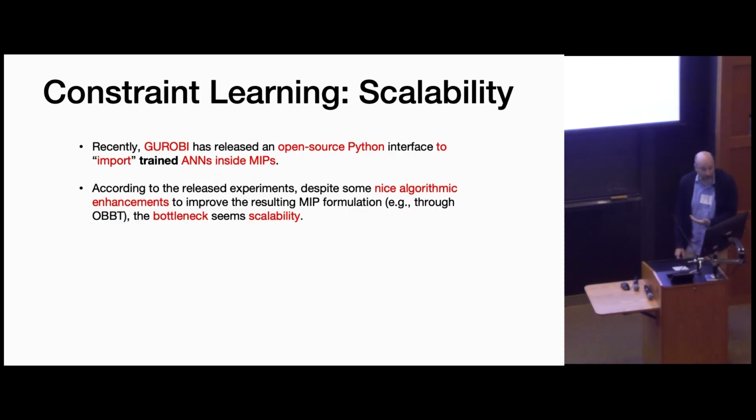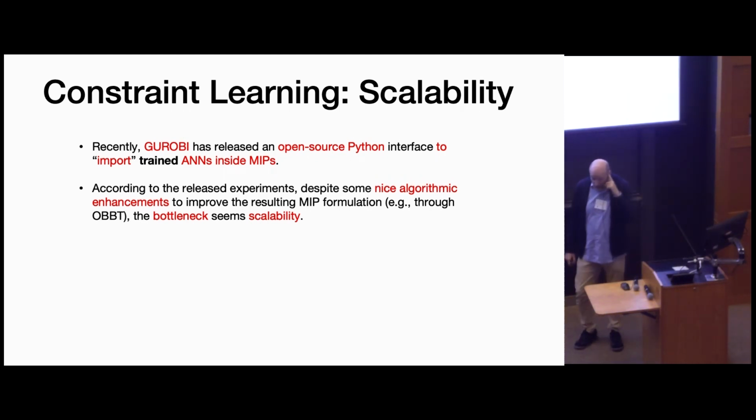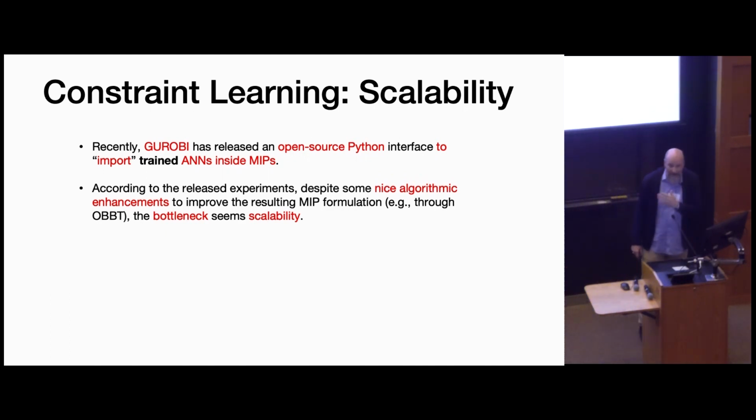Actually, this is the way in which Gurobi has decided to go, based on these approaches in the literature, Janos I was talking about before, and the work at MIT and the Netherlands.